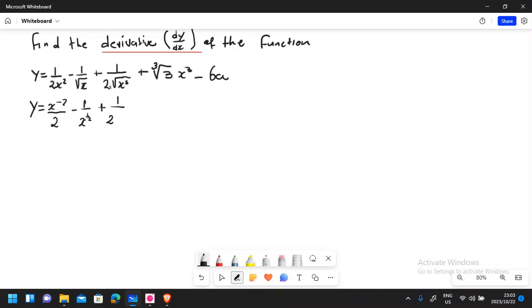Remember, this 2 is not part of the root here. So what is the root there? This is the square root, but this is the power of 5, so it's going to be 5 over 2. I hope you guys know how to do this. Remember, the root is going to be the denominator on this exponent, and then the 5 is going to be the numerator, which is the power. So I hope you know how to do this.